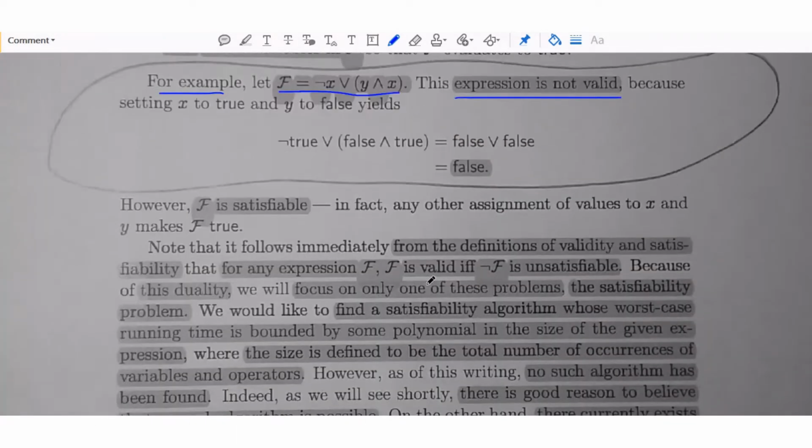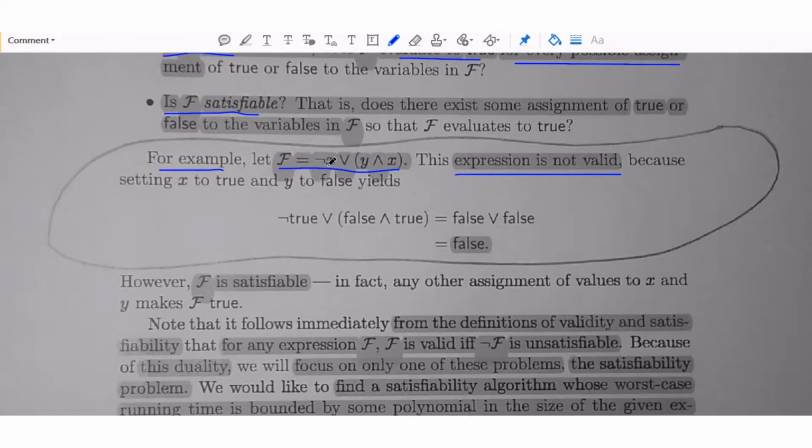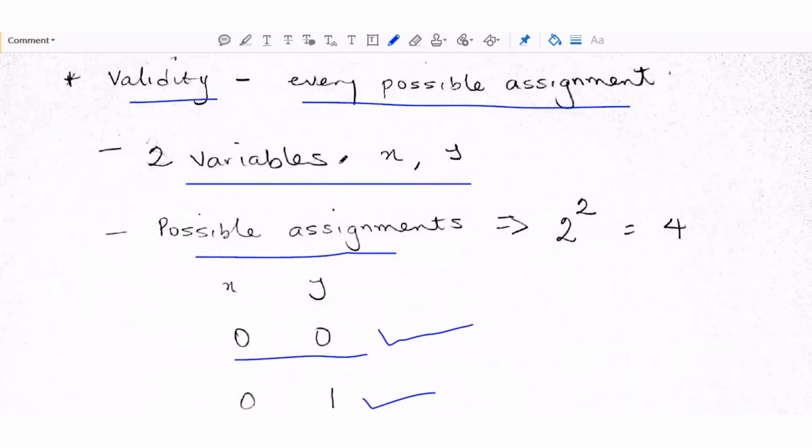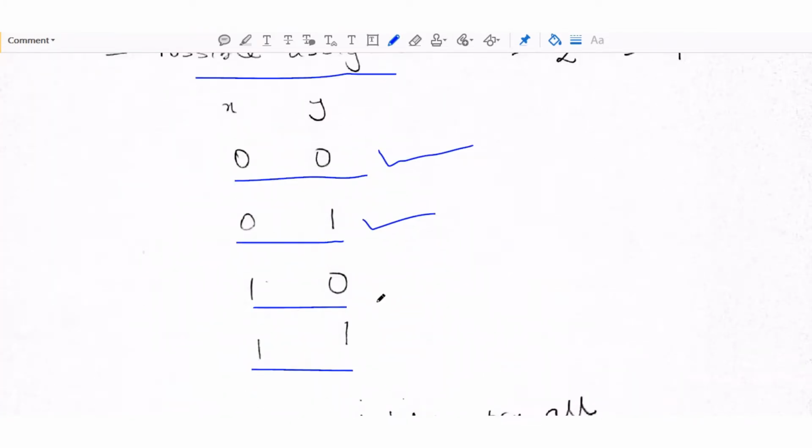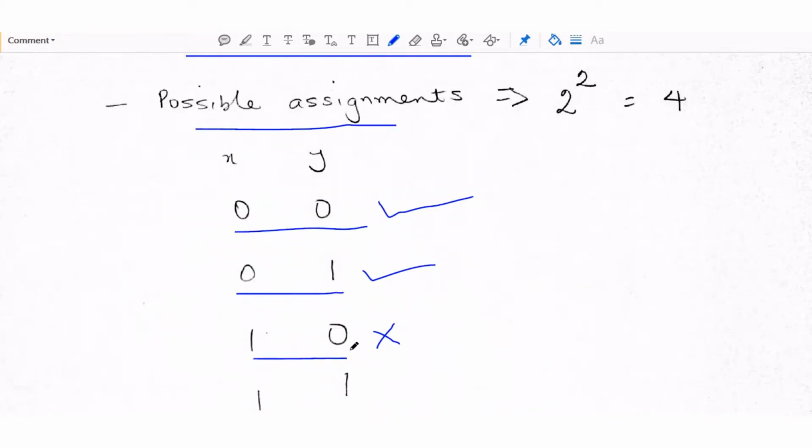Then we check the third one, which is 1 and 0. So x is 1 and y is 0. Not 1 is going to give us 0, and 1 and 0 is going to give us 0. So we have 0 or 0, which is going to give us 0. Because this evaluates to false, this assignment does not satisfy the expression.